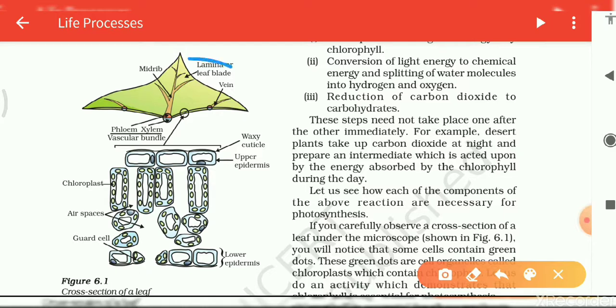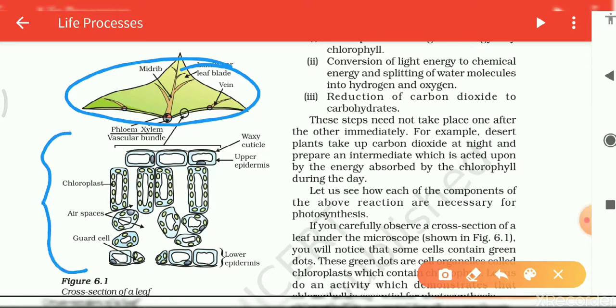Now this is a cross section of a leaf. When we take a small part of the leaf, put it on a slide and see it under the microscope, you see such a diagram. In the simple diagram of the leaf, this center portion is called the midrib, this one is called the veins, and this one is called the leaf blade.